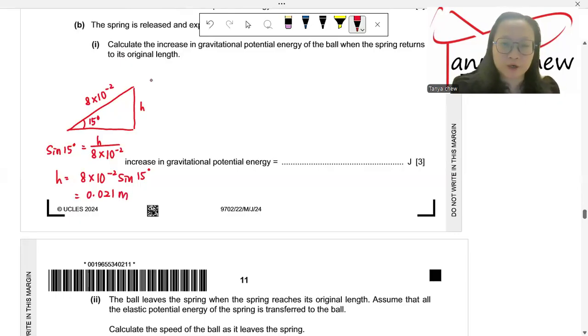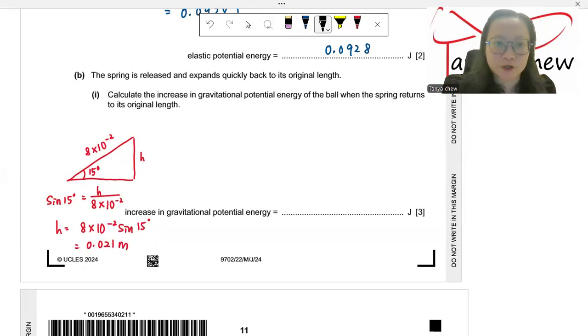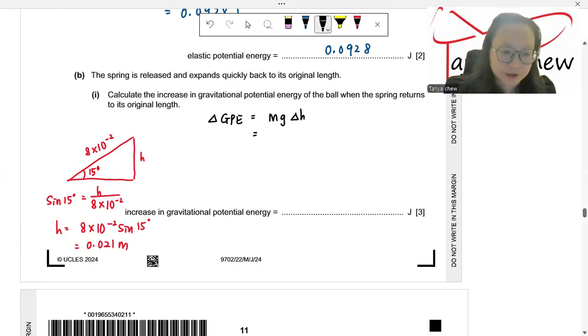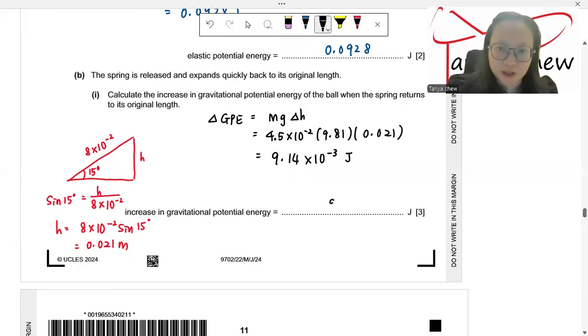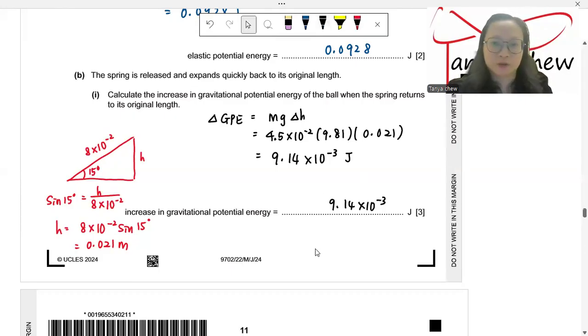Now the increase in gravitational potential energy, delta GPE, is equal to mg delta h, or just h. M is given as 4.5 times 10 to the power negative 2, g is 9.81, and h is 0.021. My answer was 9.14 times 10 to the power negative 3 joules.